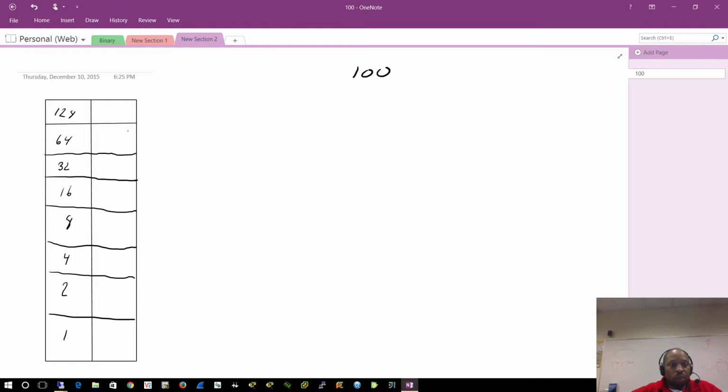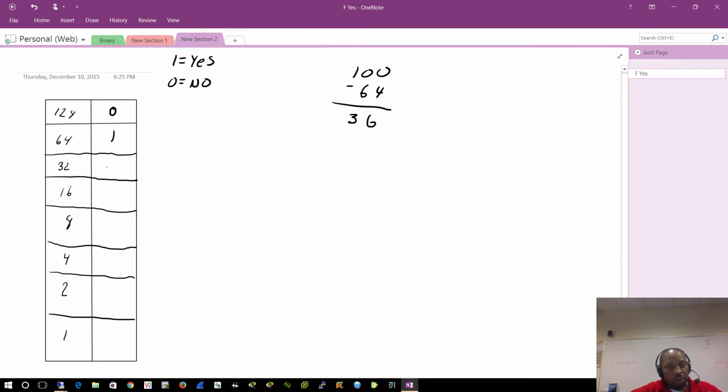So the way you do this is, there's 100. Can 128 go into 100? No. So remember we said, 1 means yes, and 0 means no. Can 128 go into 100? No. How about 64? Yes. We'll add it to the stack, and then we'll subtract it. 36, right?